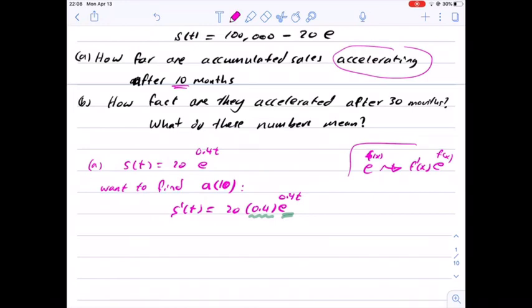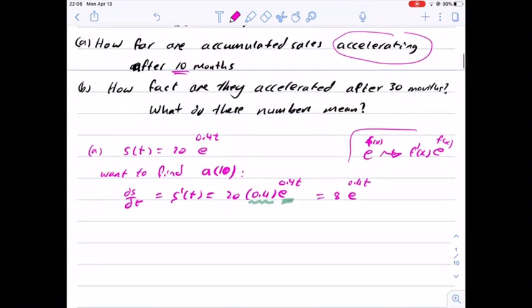And if we simplify, we get 8e to the 0.4t. So this is s prime, or ds over dt.